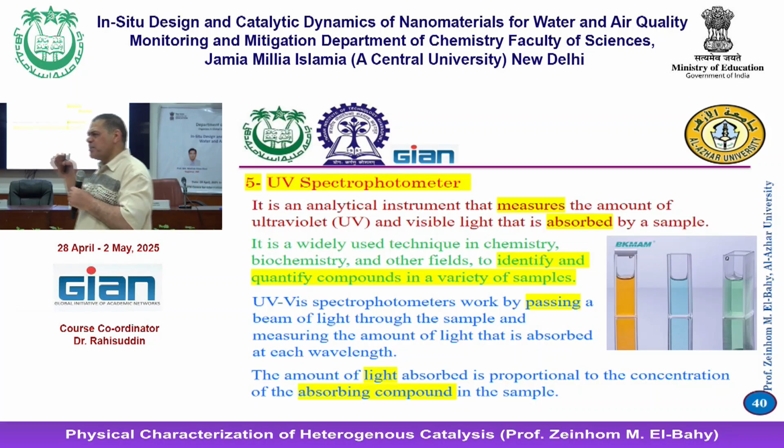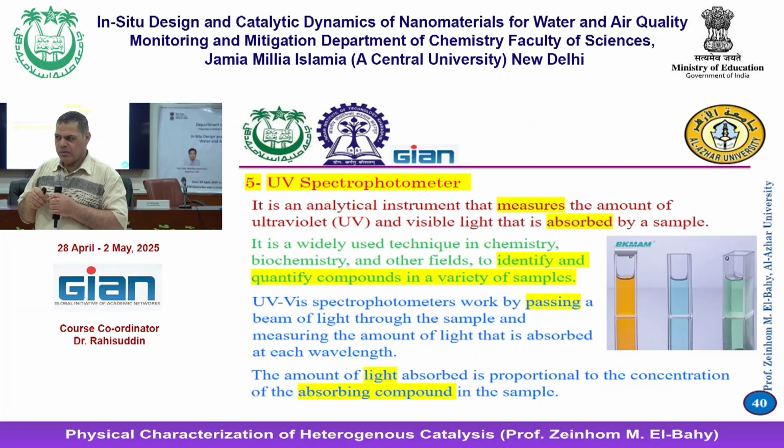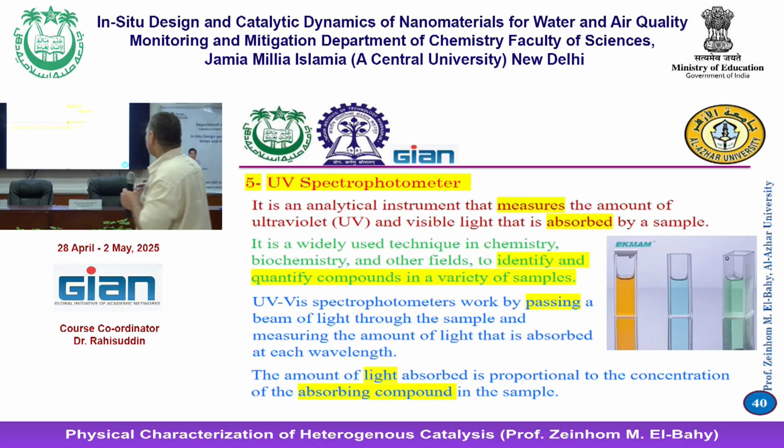Of course, the absorbed light depends on the material you are using and how many functional groups it has which can absorb this light. It identifies the quantity of a compound in a variety of samples. Yes, quantity means the concentration. It's a very simple experiment and a very simple technique.